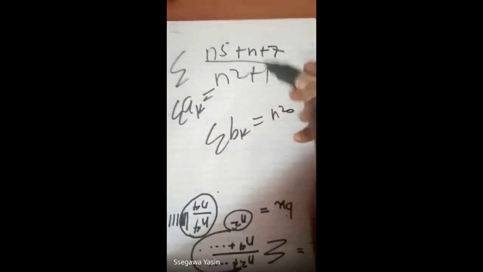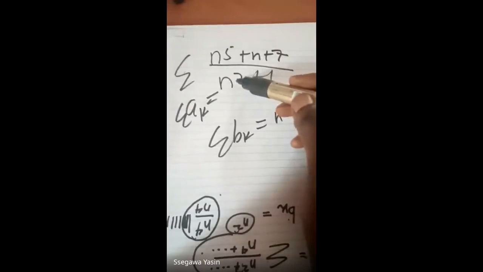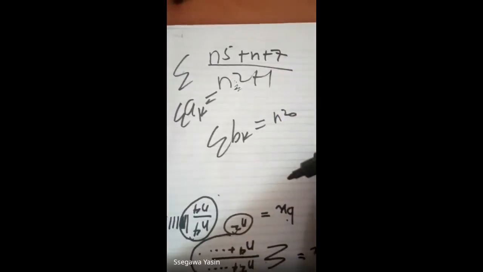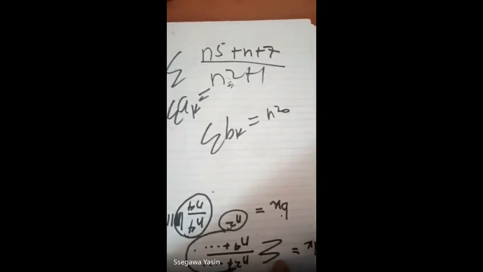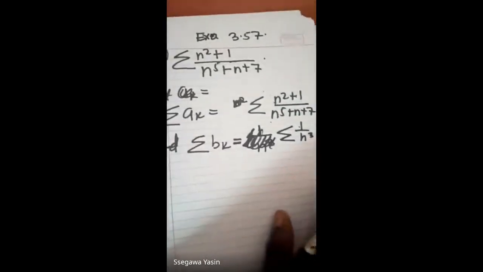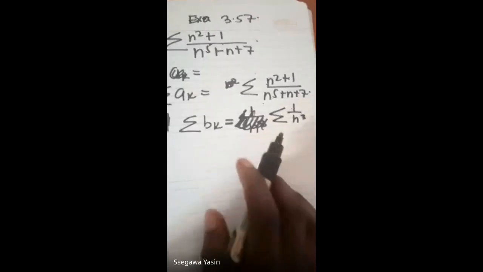So n cubed, because it will be affecting up, down now. That is the thing you should be keeping in your head, because we are interested in convergence or divergence, one of the two.